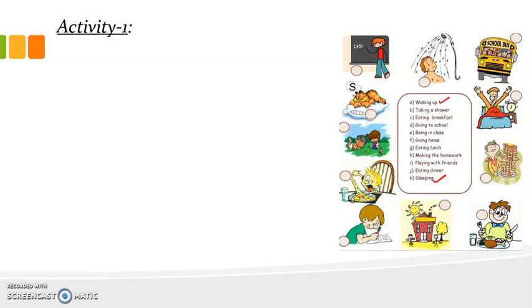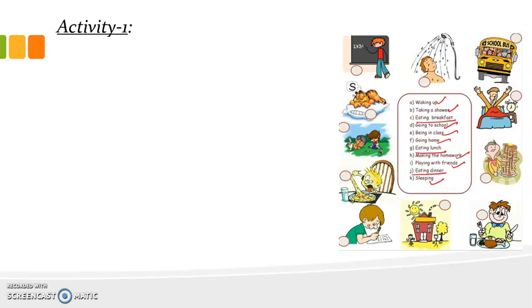What you observe is that there are different types of activities taking place: waking up, taking a shower, eating breakfast, going to school, being in class, going home, eating lunch, making the homework, playing with friends, eating dinner, and at last sleeping. So these are the daily activities or daily routine that a student will do in their daily life, right?